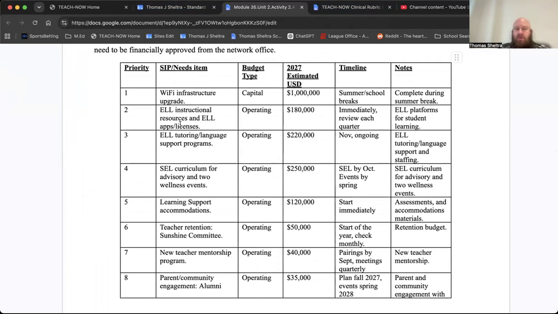The English language learning, making sure we have the right resources available, whether that's additional staff, or resources as far as technology or the types of tools that we use in the classroom.